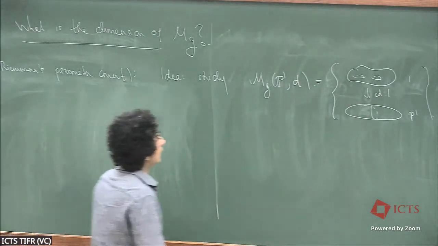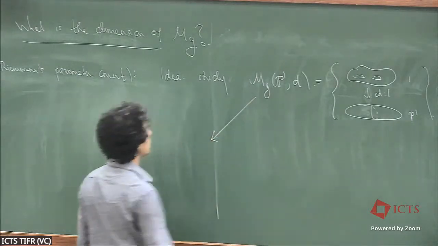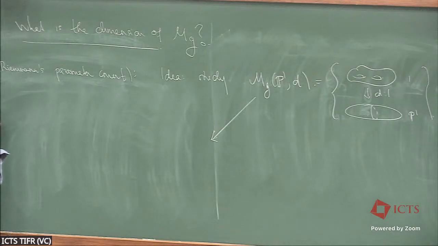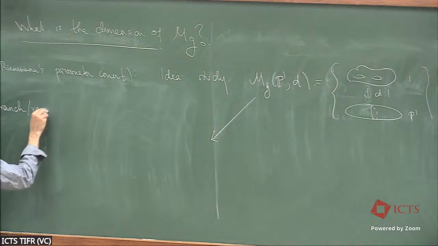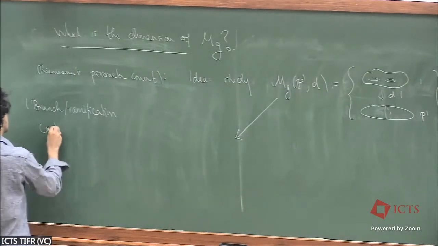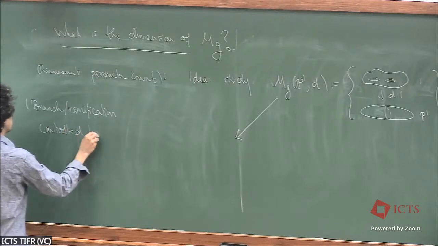Okay, and so one thing you can always do, so I'll just write here, the branch and ramification data is controlled by the Riemann-Hurwitz formula.